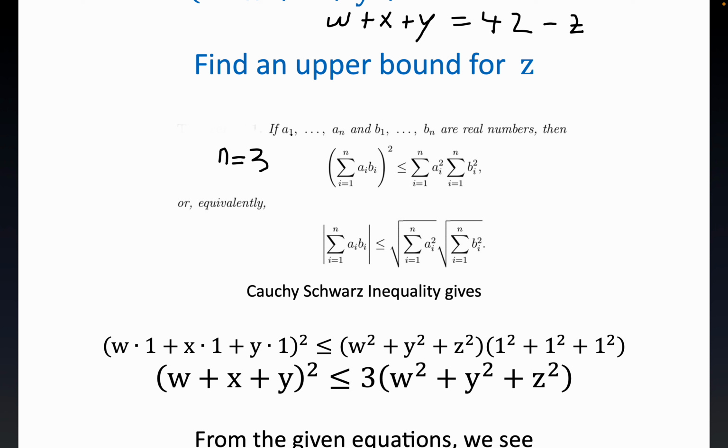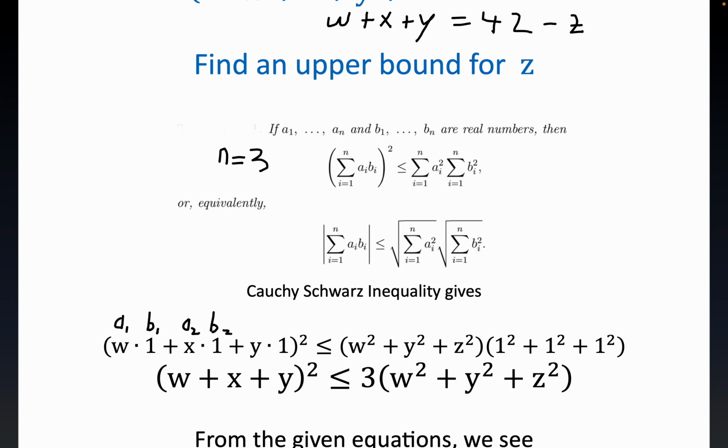Notice here they use a sub i's and b sub i's to connote real numbers. So right here, the w would be behaving exactly like a sub 1, and 1 itself would be behaving like b sub 1. And all the way across here, using subscripted notation, x would be the same as a sub 2 in that statement of the Cauchy Schwarz, with b sub 2 right here.